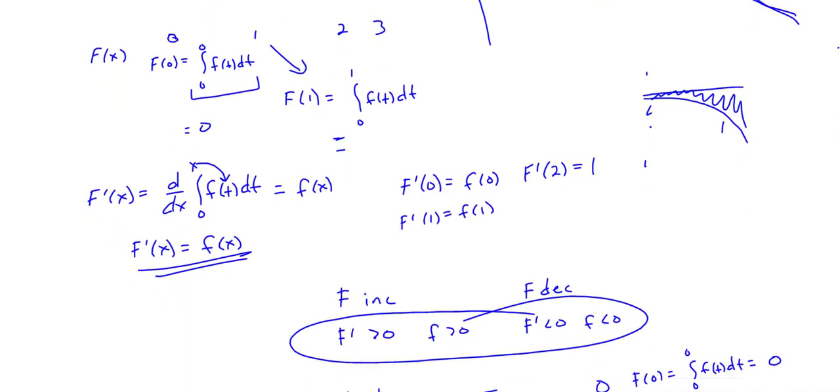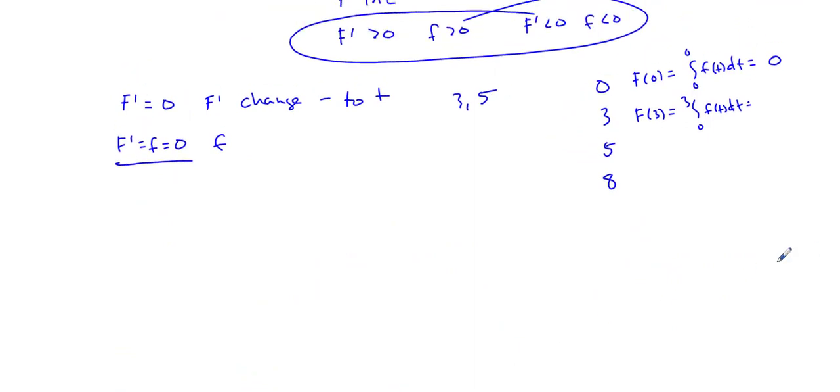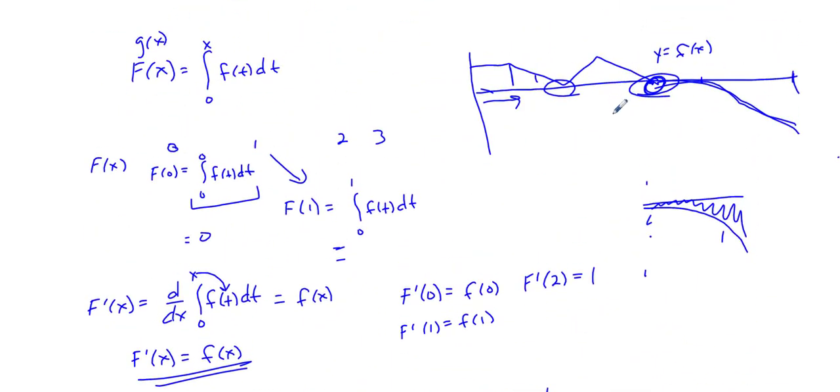All right, find the concavity. Okay, concavity for capital F. Well, we need to find capital F double prime. And what does capital F double prime equal? Well, it's equal to f prime. Where is f prime equal to 0 or undefined? Well, look at your graph. This is the graph of f.